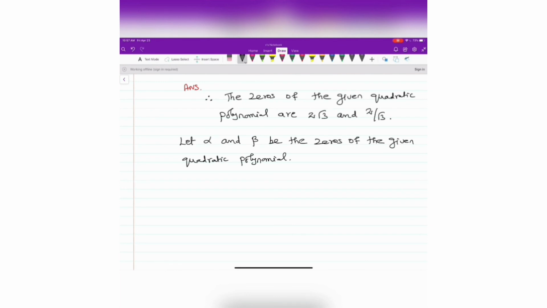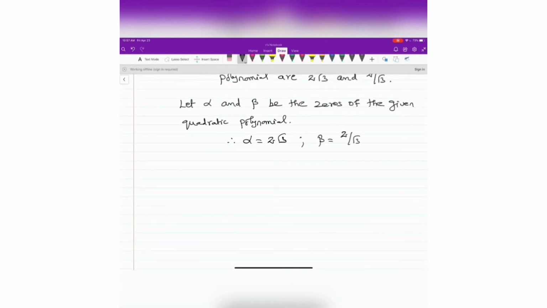But just now we got the zeros of the polynomial as 2 root 3 and 2 by root 3. So therefore, I can take alpha is equal to 2 root 3 and beta is equal to 2 by root 3. Yes. What will happen to the sum of zeros?